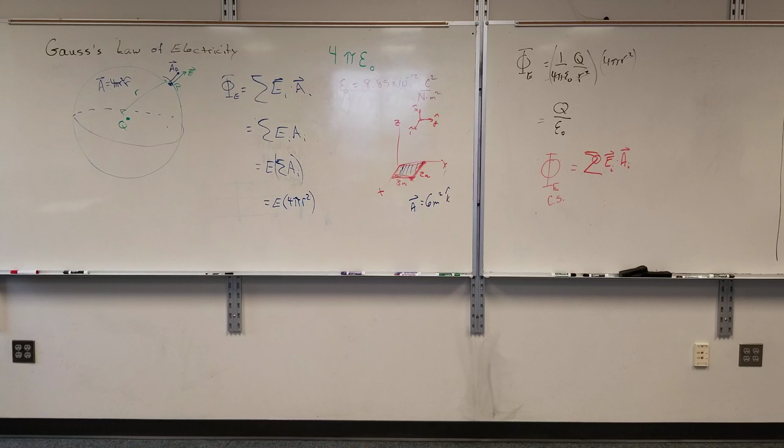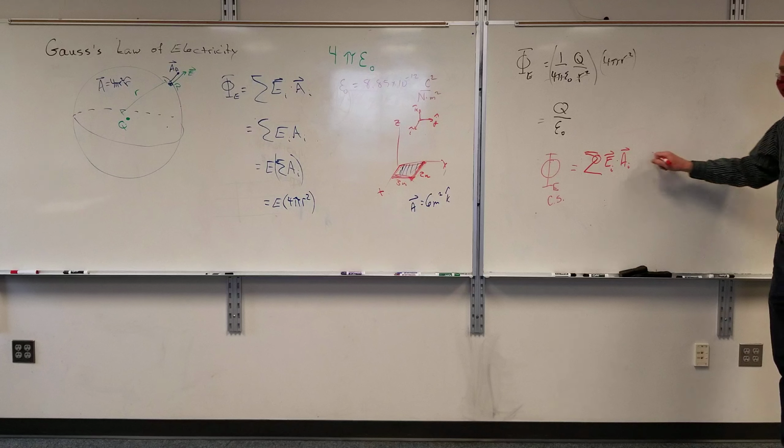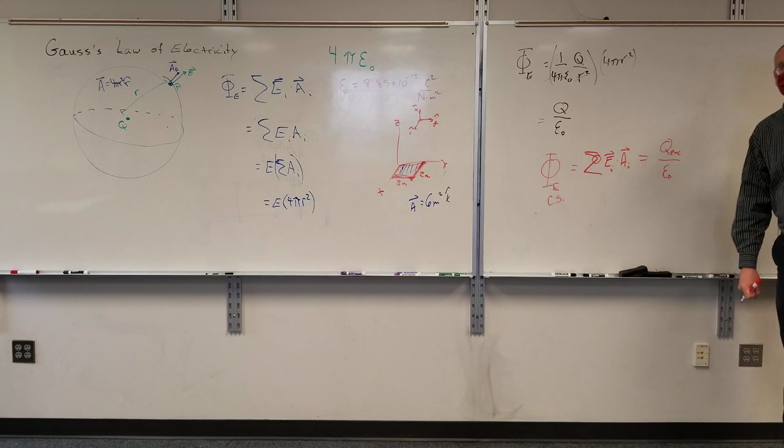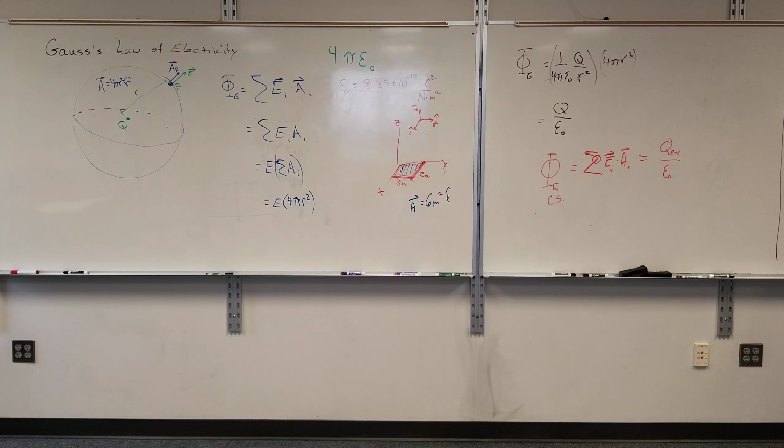If area is involved, then you're doing a surface area. If it's a line, then it's a loop that connects back on itself. That is equal to whatever charge is enclosed in the surface divided by this constant. This is Gauss's law of electricity. Later on, we'll do Gauss's law of magnetism.